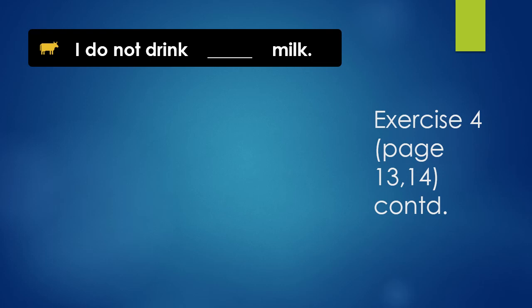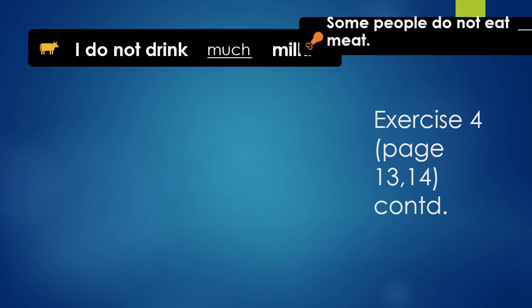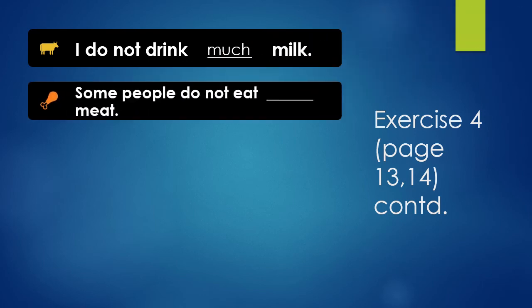What comes here? Much, as milk is an uncountable noun, so I do not drink much milk. Next sentence is, some people do not eat dash meat. Here comes much. Some people do not eat much meat.